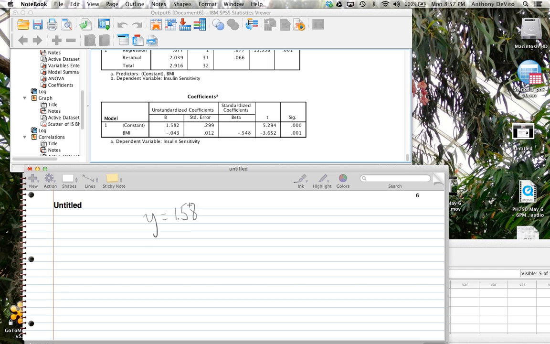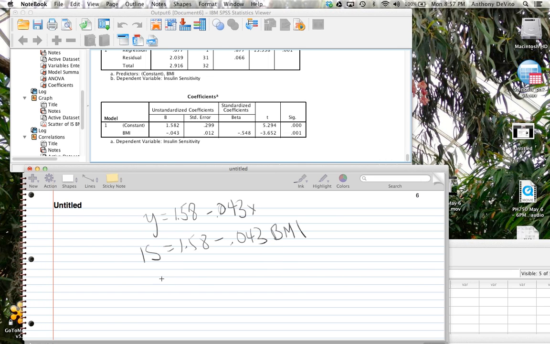I'll make it 1.58, right? Minus 0.043 times x. Well, my y, my insulin sensitivity, is equal to 1.58 minus 0.043 times my x, which is my BMI.